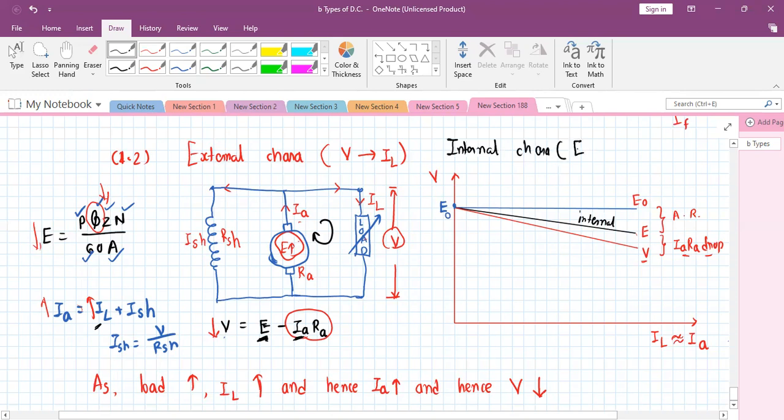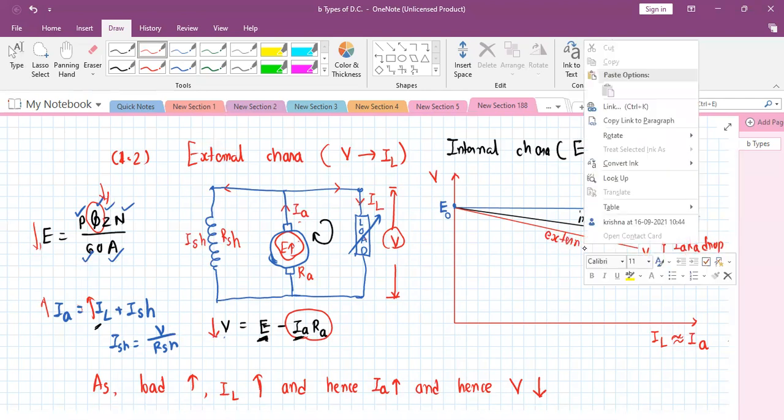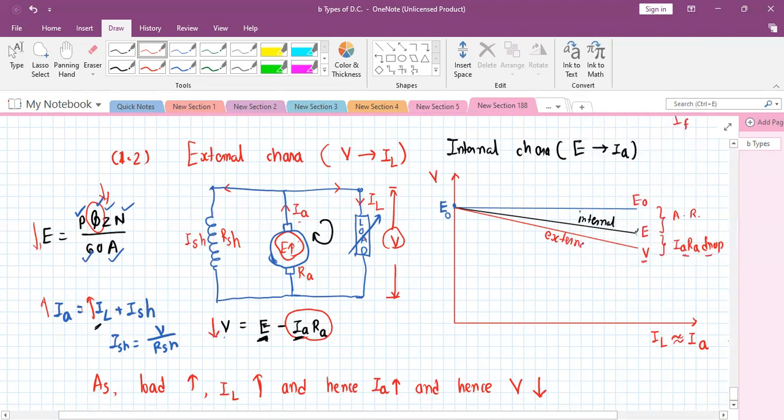The EMF in armature versus armature current is called the internal characteristic. Here you can see there is E and there is IA. And this red one is the external characteristic. Clear? So in the same graph, you can represent external and internal.